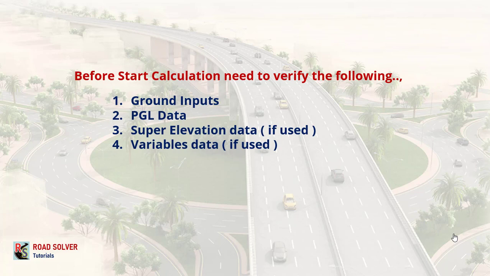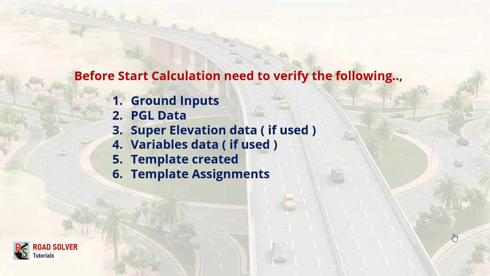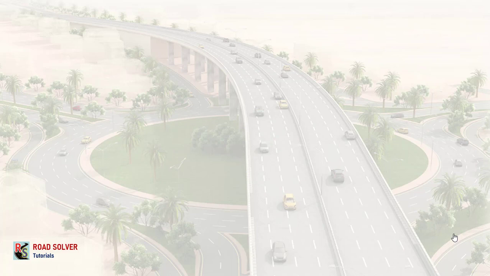The same goes for variable data: if your template uses it, it is required, otherwise not. Finally, template creation is required, and the template should be assigned in the template assignment panel. Now we will check how it works in the software.